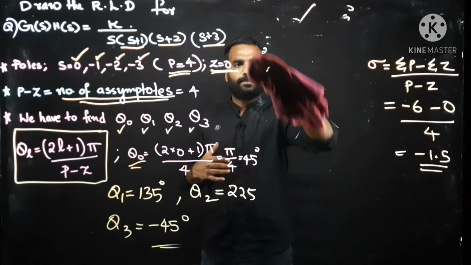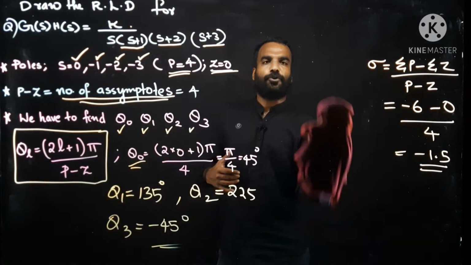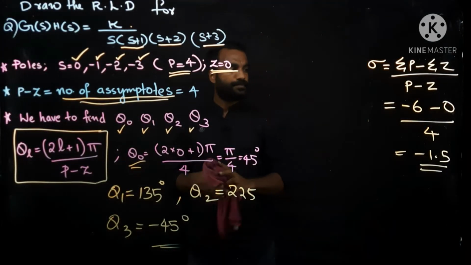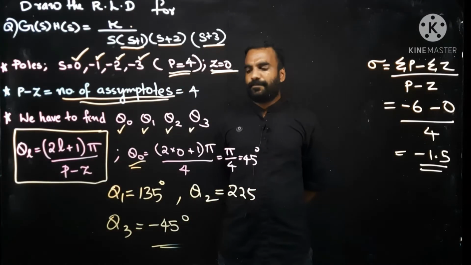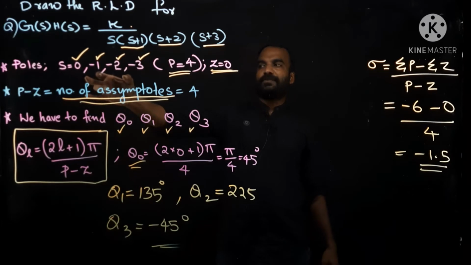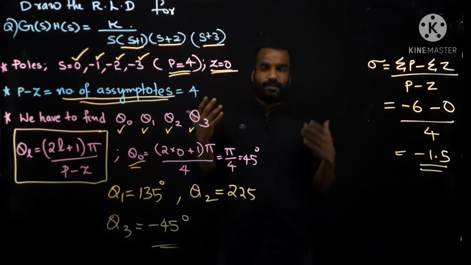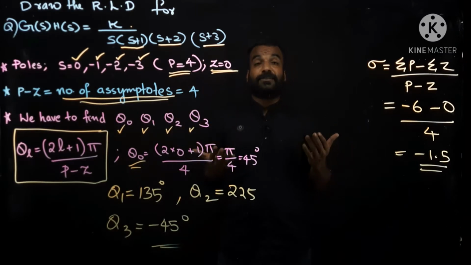So what are the things we did up to the moment? Please conclude what are the steps or rules we followed. We initially checked the number of poles, that is 4, and the number of zeros. No zeros were there, so all the poles have their zeros at infinity.